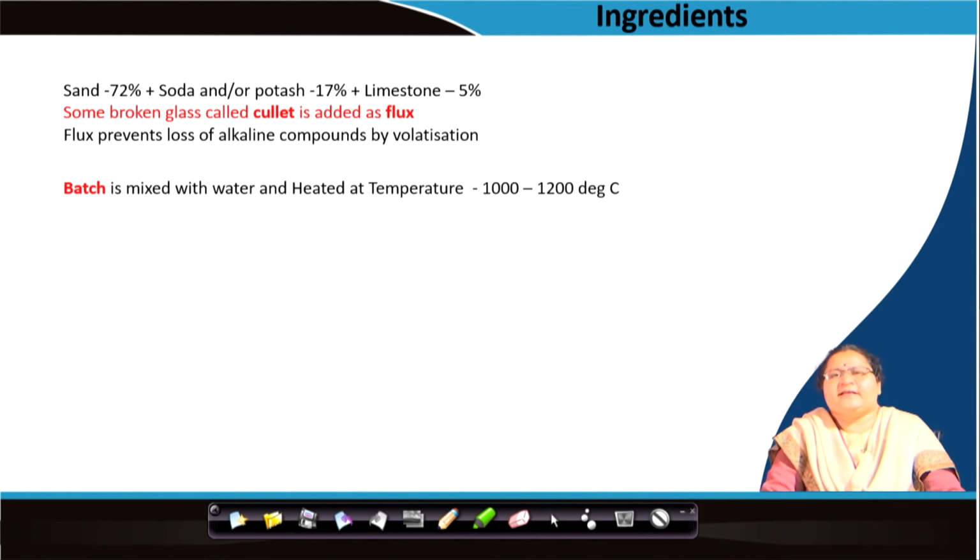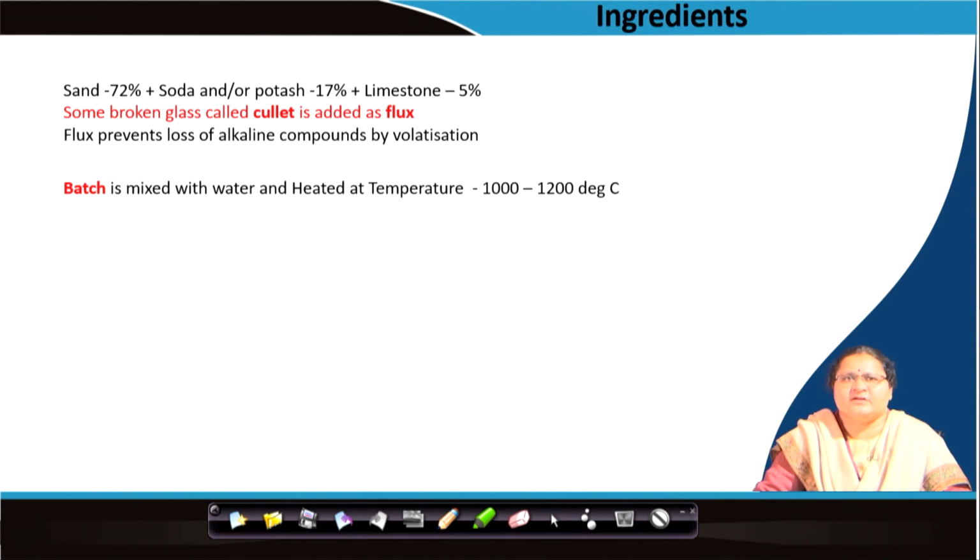So, let us see what are the ingredients that make glass. Already we have covered brick, we have seen porcelain. The player is sand, it is again sand here, and you have soda or potash and limestone. You add some broken glass in the furnace which is called cullet, and it acts as a flux, it brings down the temperature.